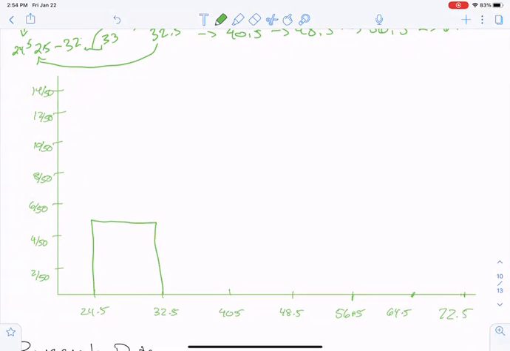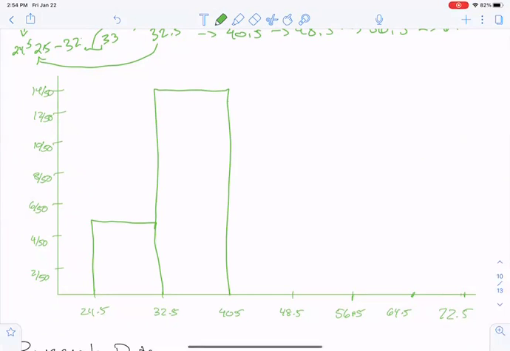So we'll do that. What is unique about a histogram is the bars in our bar charts butt up right next to each other. There's no separation, which is why we use these boundary points, because there is no inherent separation. So the next class, the second class, had a frequency of 14/50. We just extend the right side of that and then come down.